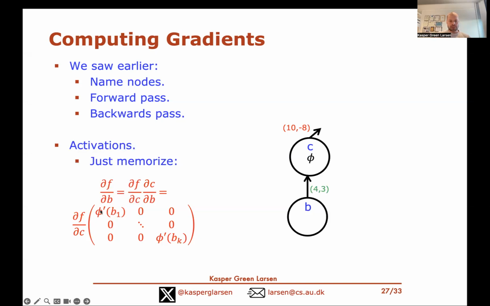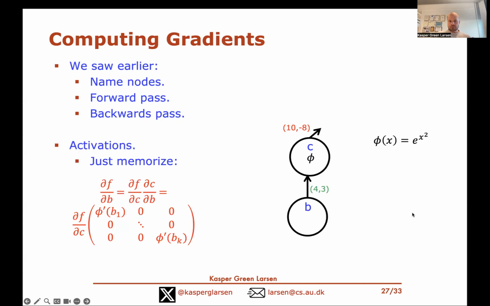All you have to do is take the derivative of this single variable function and apply it on what comes from the forward pass. In particular, in each entry you have whatever is on each of the entries of this vector. So the first entry is the derivative applied to 4, and the second entry is the derivative applied to 3.